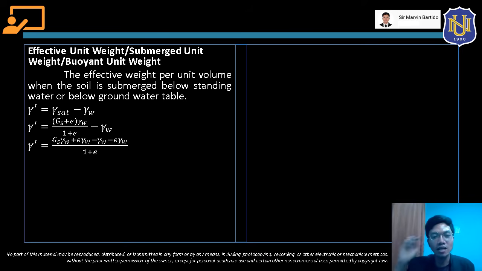So, pag sinimplify natin to class, makakancel ito, yung e times gamma water tsaka ito. So, yung matitira ay G sub S gamma ng water minus gamma ng water over 1 plus e. Wherein yung gamma ng water, pwede natin i-factor out. So, it will become (G sub S minus 1) times gamma ng water over 1 plus e. Okay, so yan na yun class, yung formula para dun sa effective unit weight, submerged unit weight, or buoyant unit weight.